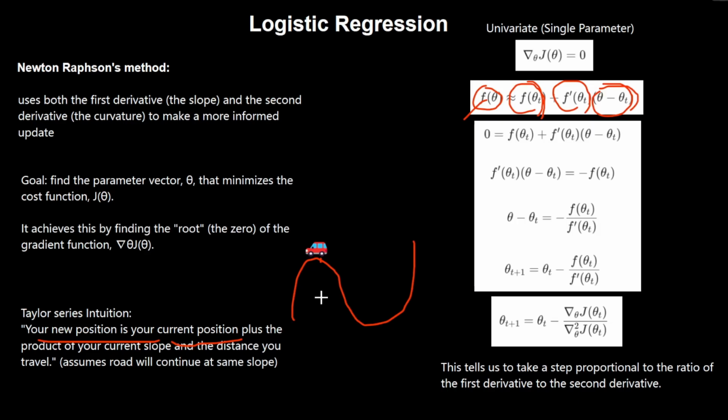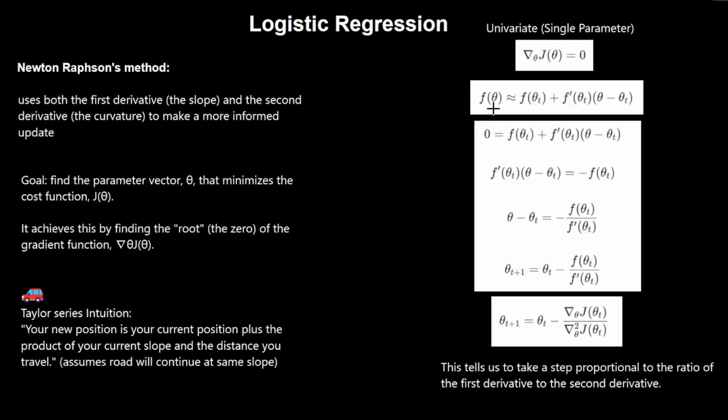Obviously it is not the same slope, but at this point we assume it will continue at the same slope. If the line is straight, our approximation will be 100% true because we have the same slope. But if it's curved, it will make a good approximation at the particular point. That's why we use the Taylor series here.